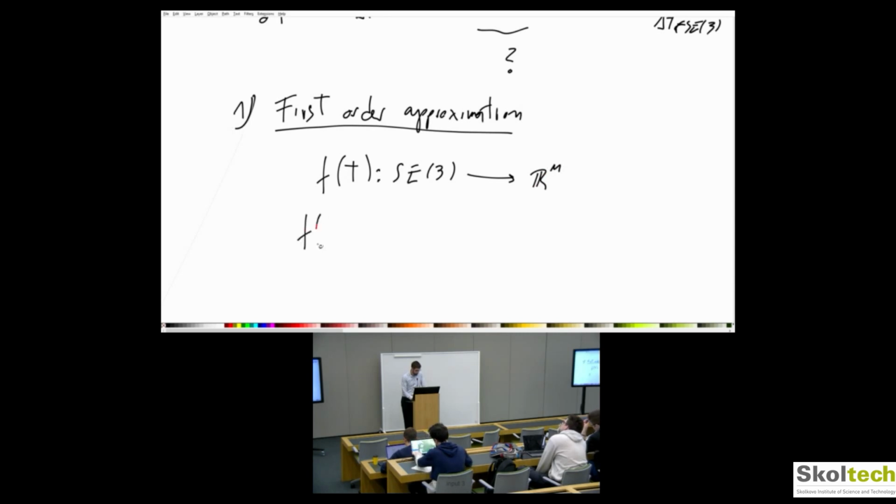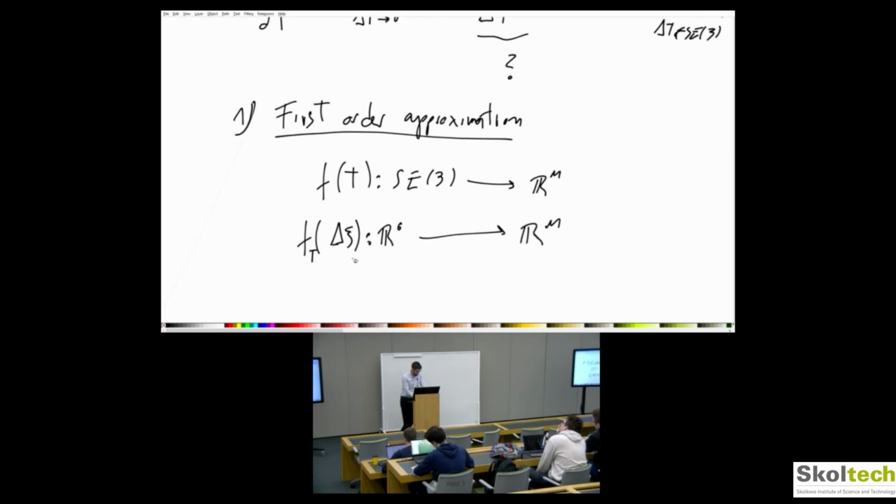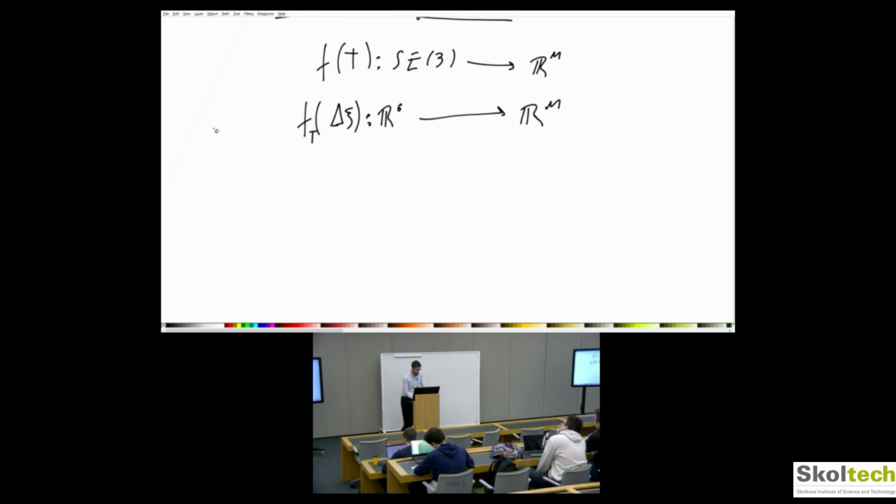So we are going to have this function, instead of depending on a rigid body transformation, depend on a vector that are the coordinates of the Lie algebra group. And I'm going to write later exactly what this means. So basically this goes to R^6, and then this is going to be to whatever image we have. So how can we do this?